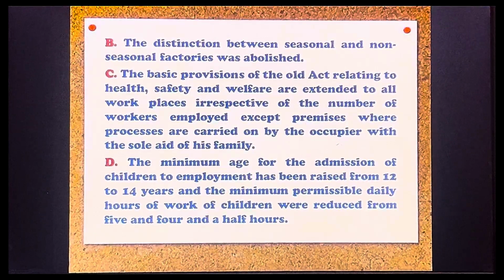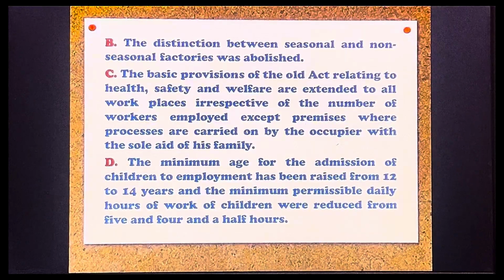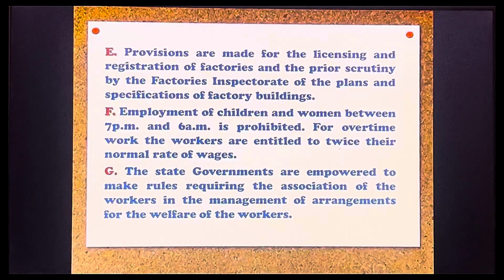The minimum age for admission of children to employment in factories has been raised from 12 to 14 years, and the minimum permissible daily hours of work of children were reduced from 5 to 4.5 hours.